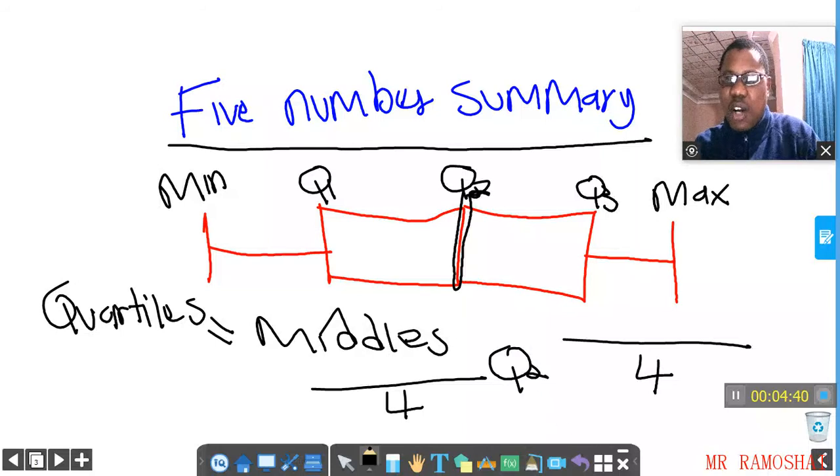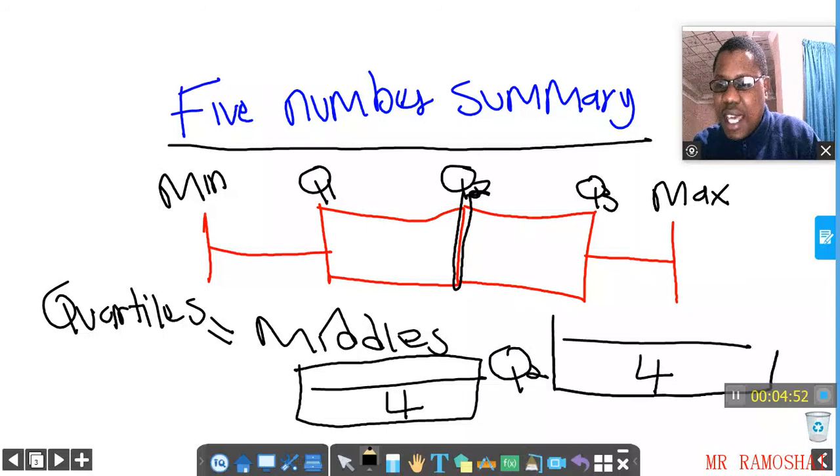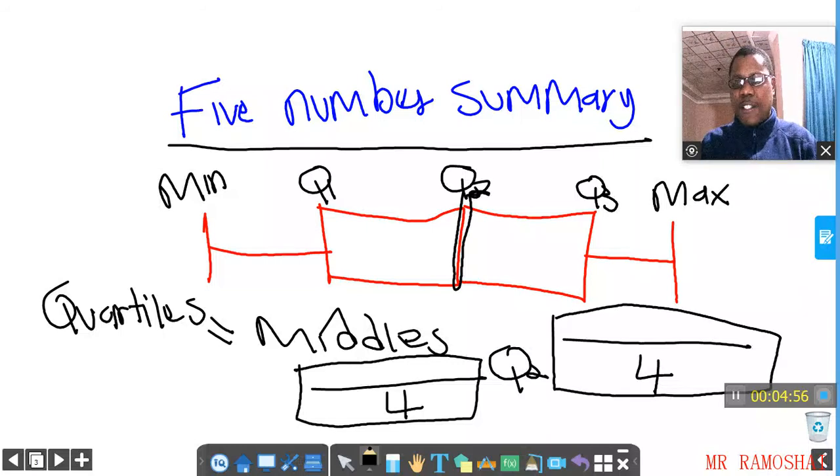Is that clear? So how do we find Q1 and Q3? Q1 is going to be the middle number in these 4 numbers. Then Q3 is also going to be a middle number in these 4 numbers on your right. So wherever you see a quartile, just know that this number is a middle number.